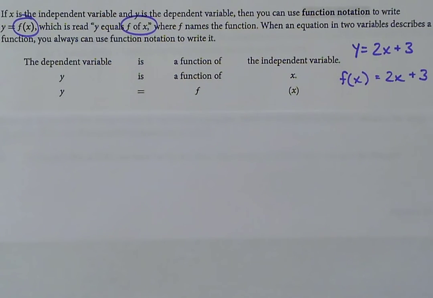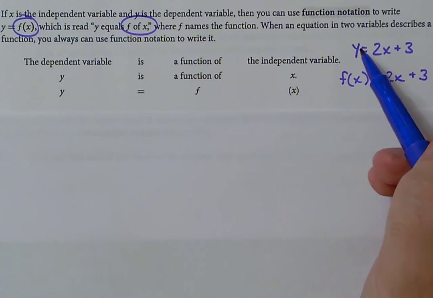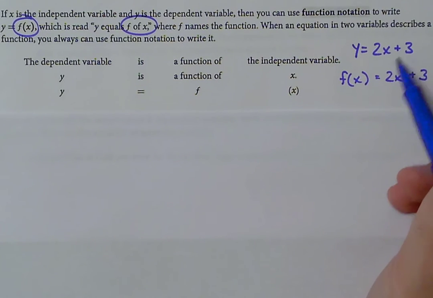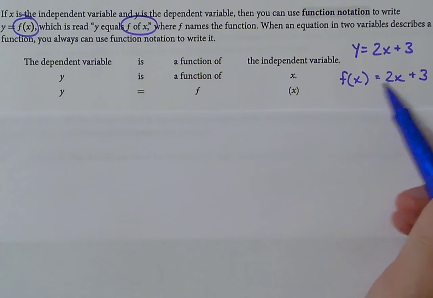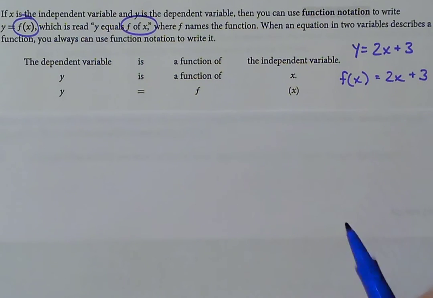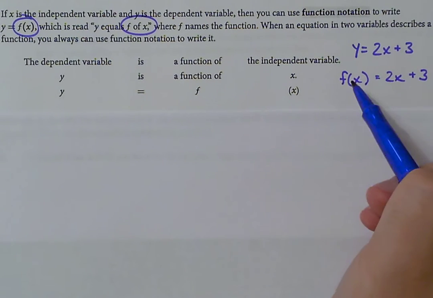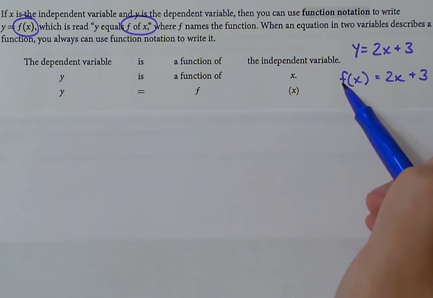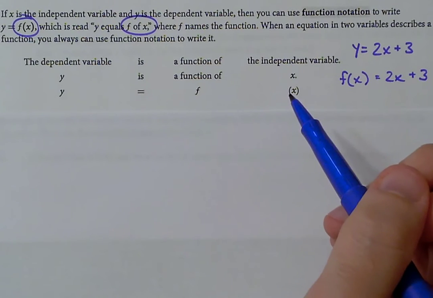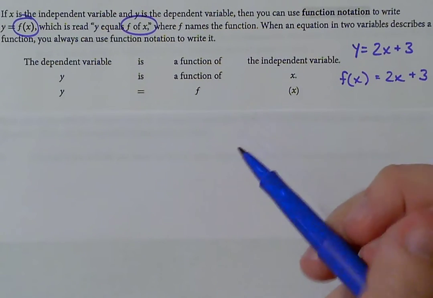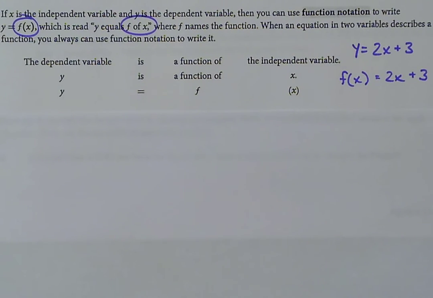So understand function notation is really just a fancy y. y equals 2x plus 3 means the same thing as f of x equals 2x plus 3. But be aware, anytime they ask you to write a function in this section, it needs to be in the form of f of x, or g of x, or f of h, whatever variables they ask you to use.